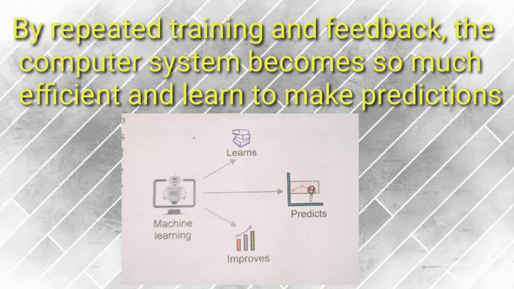Whenever we are working on machine learning, a special program, algorithm and command is written to control the computer, which checks the pattern of the user, matches it with the database and shows the result.